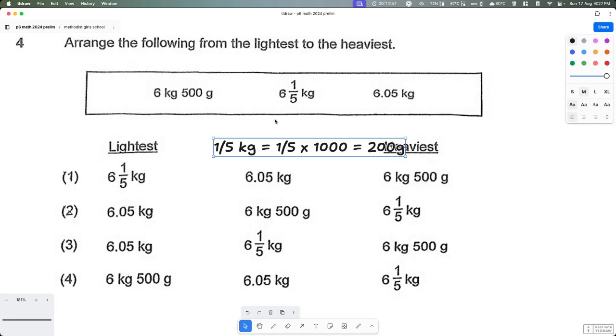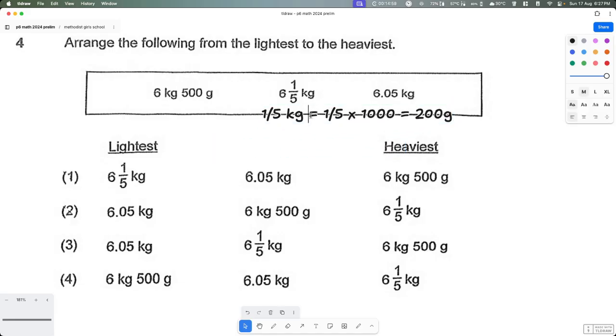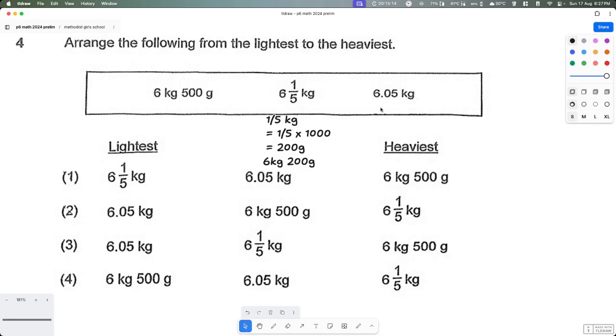So that means this is 6 kg and 200 grams.